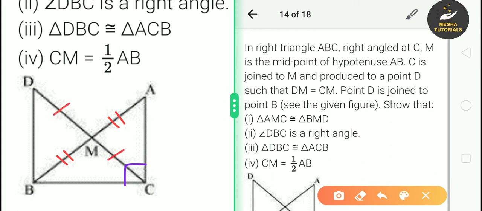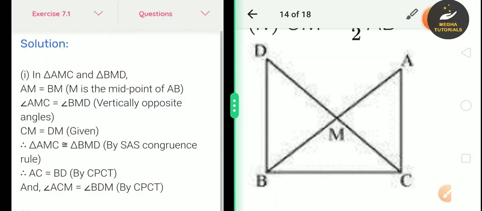Now we have to prove that first, triangle AMC is congruent with triangle BMD. Then we have to prove that second, angle DBC is a right angle. Then triangle DBC, this complete triangle, is congruent with triangle ACB, this complete triangle. And CM is half of AB. So let's start with the solution.